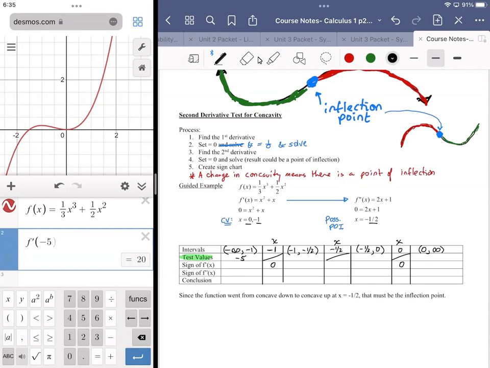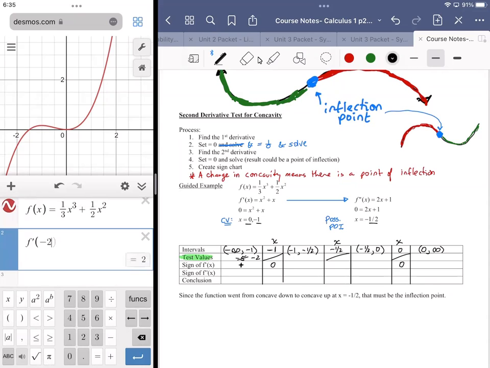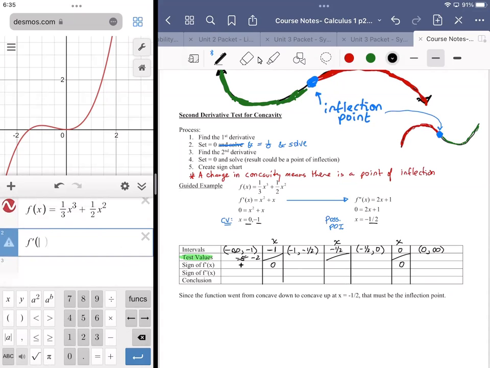I don't care about the actual number. I care about the sign of the number. So that's a positive number. If I had done -2 instead of -5, same deal, positive number. -100, same deal, positive number. It doesn't matter what you put in as long as it's in that interval of -infinity to -1. All right. The next one's a little trickier because you're living in fraction land.